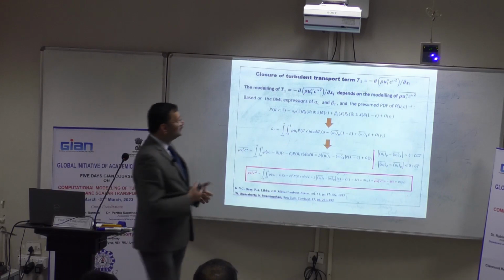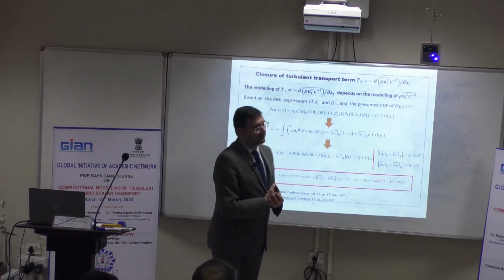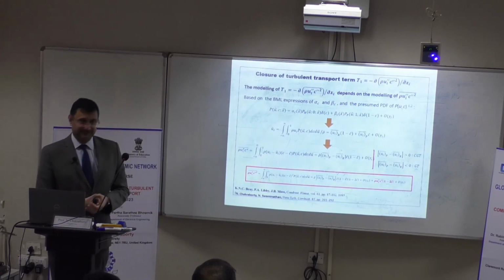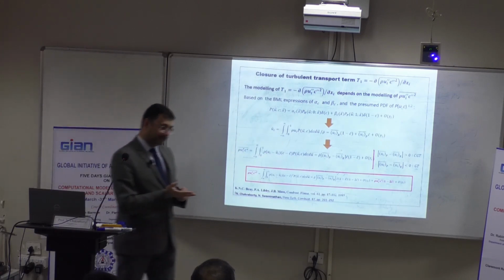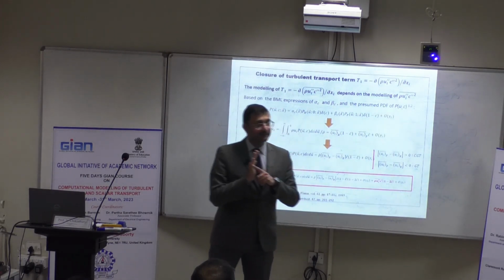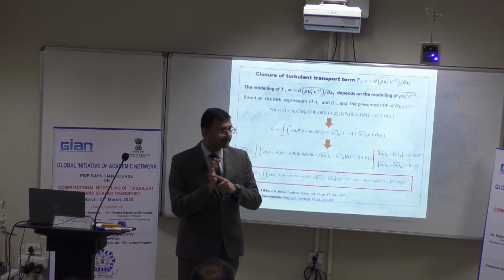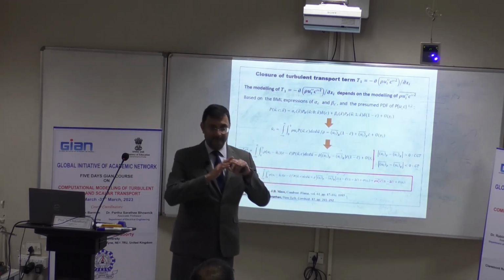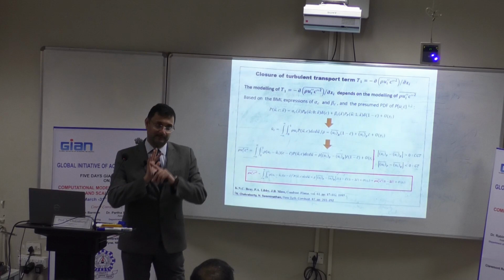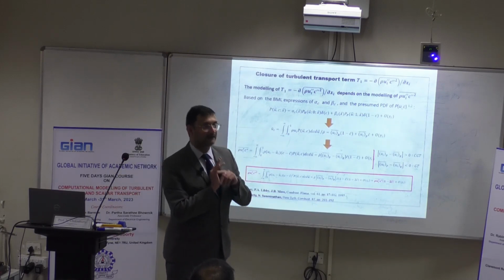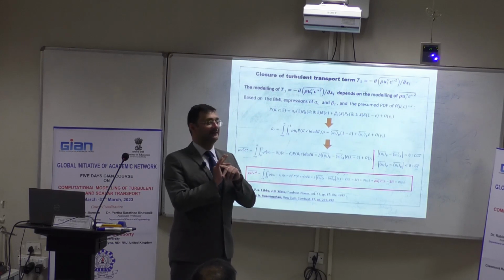So now, clearly, let's take stock first. We have shown that one can come up with an analytical, algebraic expression for scalar variance based on some kind of model PDF, but that analytical relation does not work unless you go for extremely high Damköhler number.